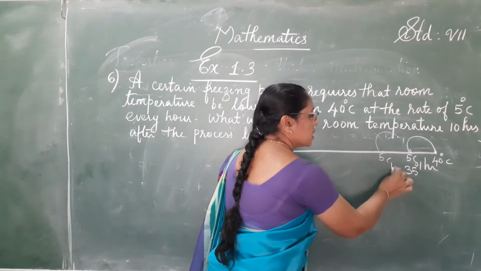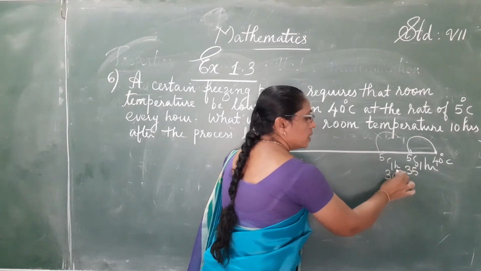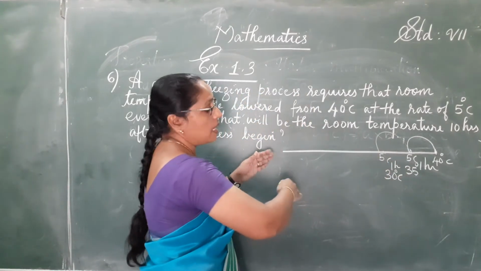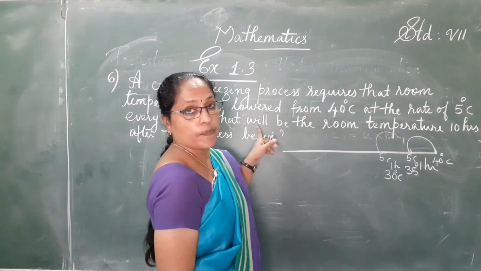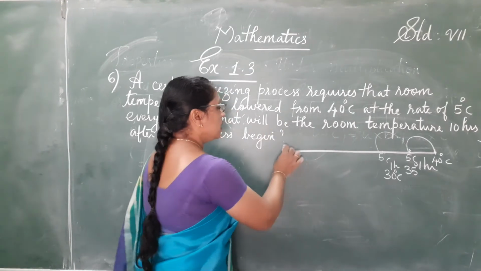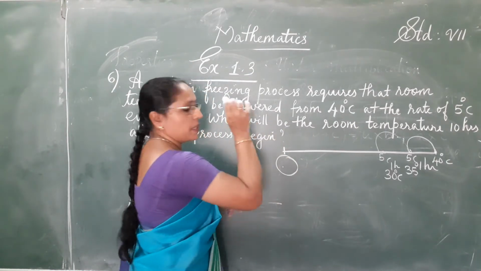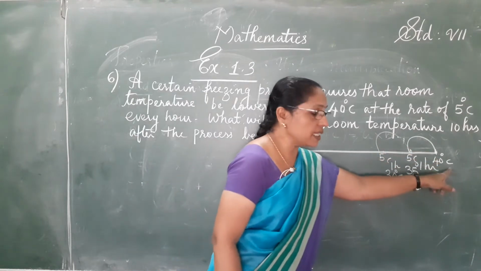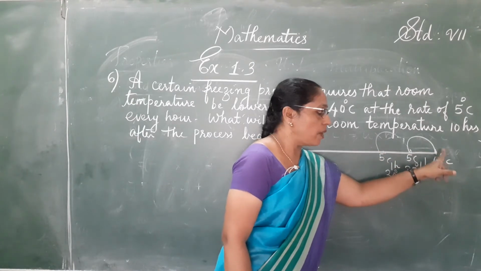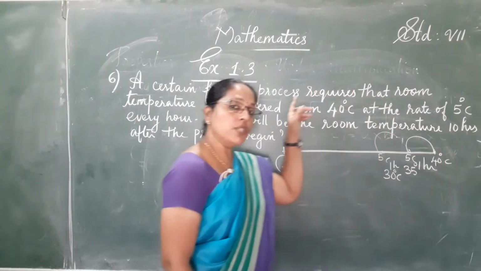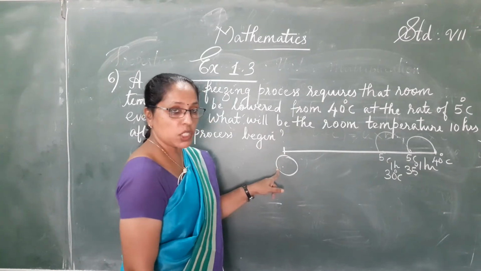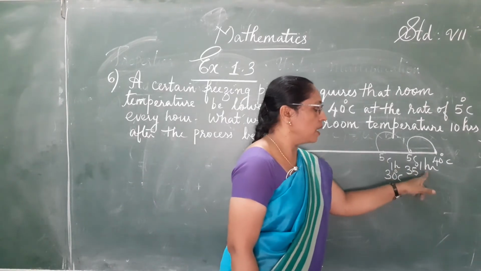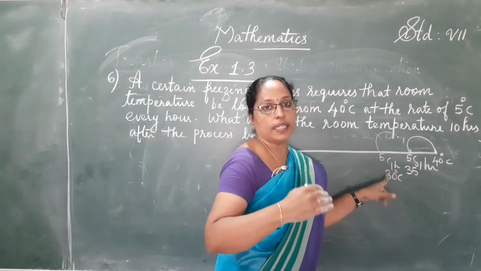Again 5 degrees Celsius reduced, it comes to 30 degrees Celsius. Like that, after 10 hours, what will be the temperature? The initial temperature in the cooling process is 40 degrees Celsius, and if in every 1 hour it goes down by 5 degrees Celsius, what will it be after 10 hours?